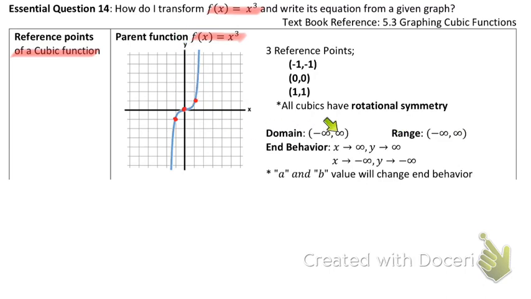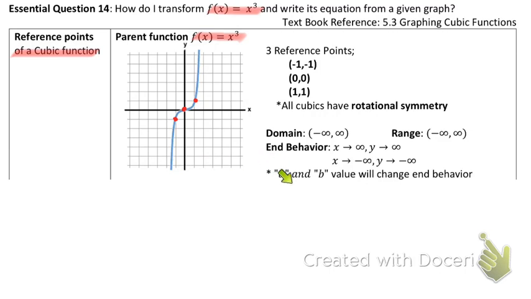Here's their end behavior. As x goes to positive infinity, as we go to the right, the cubic goes to positive infinity, up forever. As we go to the left, toward negative infinity, our cubic goes down forever.